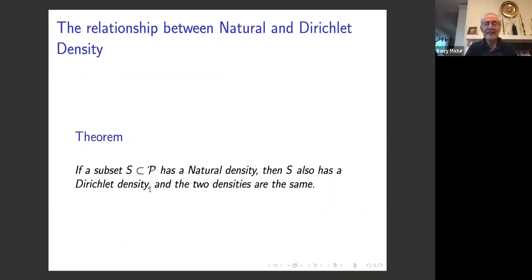Well, in many instances, in fact, probably most instances, the Dirichlet density is much easier to compute than natural density. So you compute its Dirichlet density, and you then immediately know, if your set has a natural density, you know what it is at least.